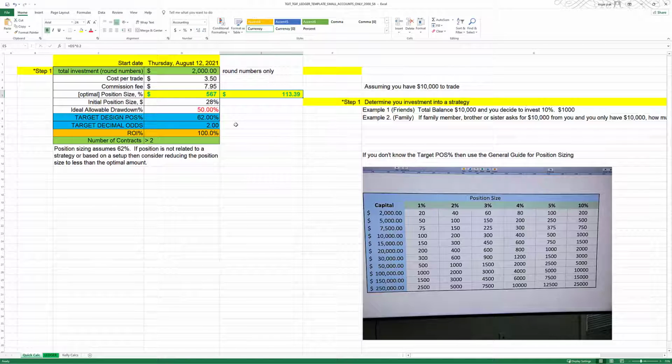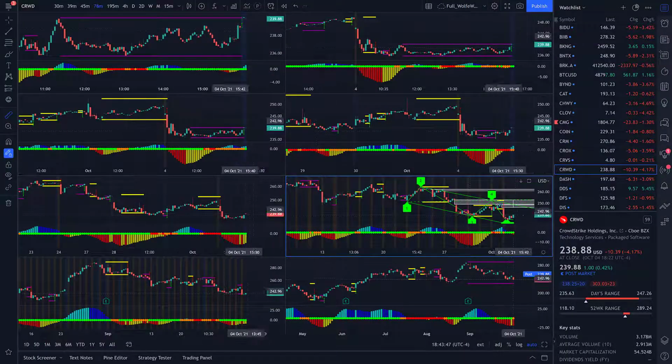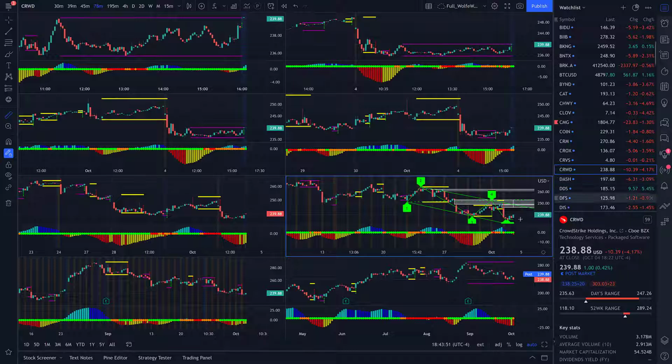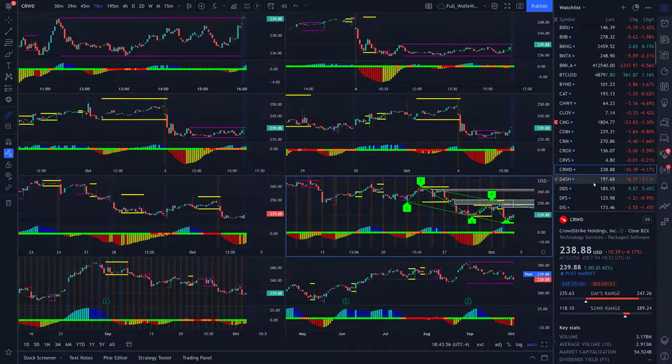So that would be $113, and that will keep you, in case the market pulls a rug from underneath you, from blowing up your account super fast. I don't know, this CRWD doesn't look like a 62% to me because there's no TTM squeeze. The ideal setup is not quite there.